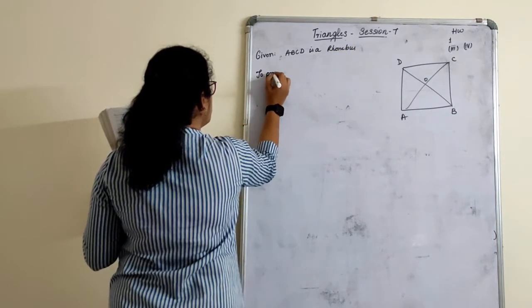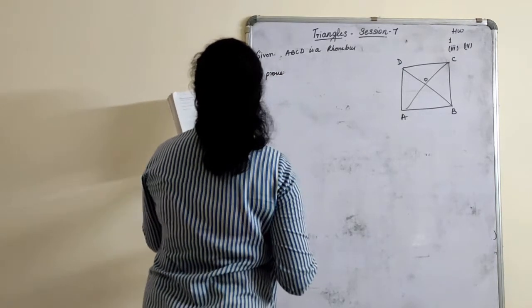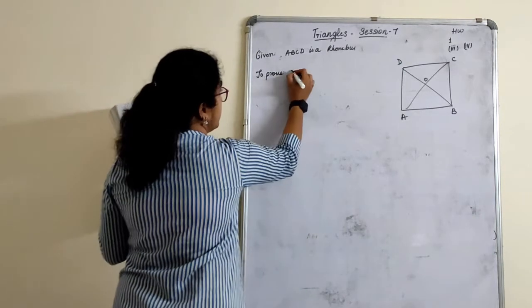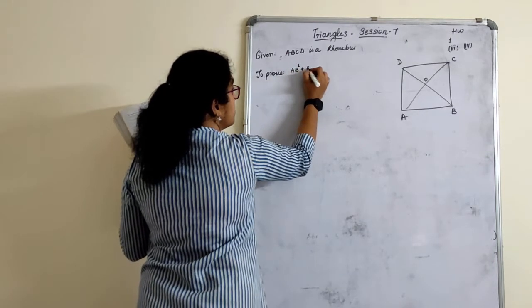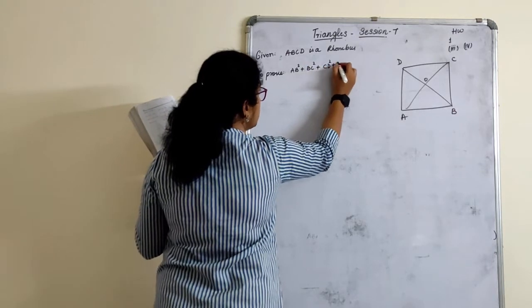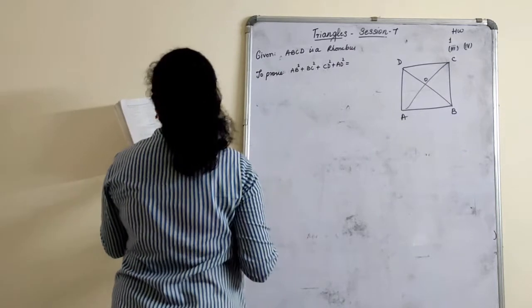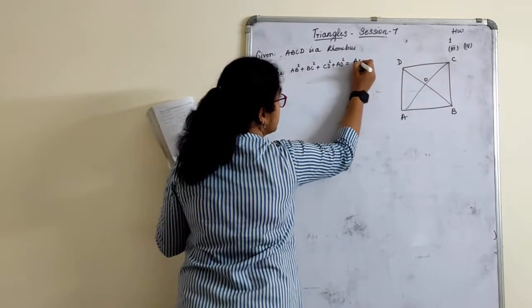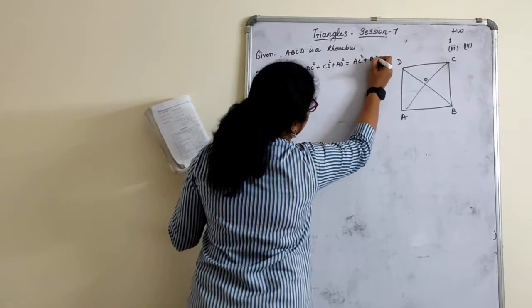What we have to prove? Prove that the sum of the squares of the sides of a rhombus, that is AB square plus BC square plus CD square plus AD square, is equal to the sum of the squares of its diagonals, AC square plus BD square.